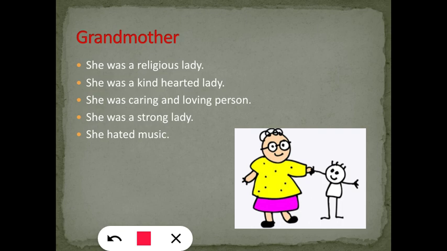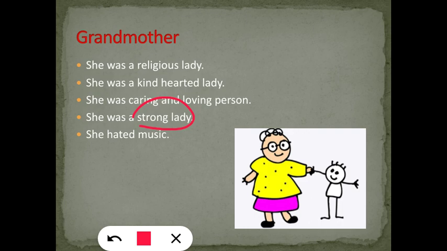Now, this point I have to explain here. How we can say that she was a strong lady is because when the author was going abroad for his studies, his family was there to bid him goodbye or send him off. And grandmother was there. She did not show any kind of emotion. She did not cry.